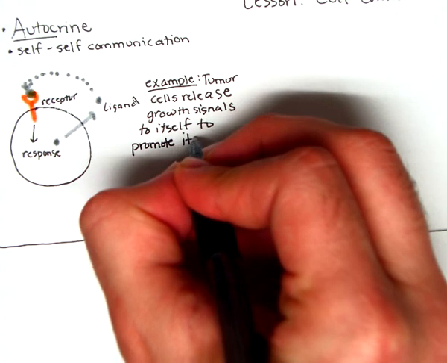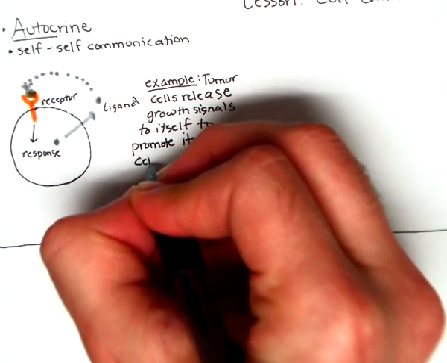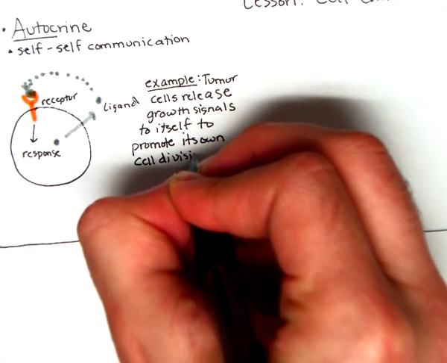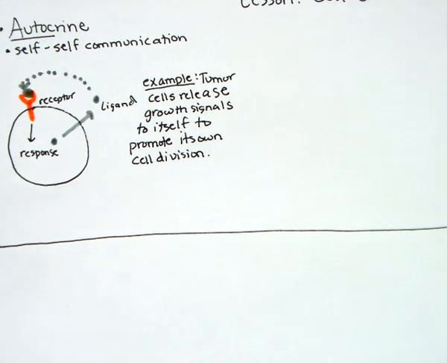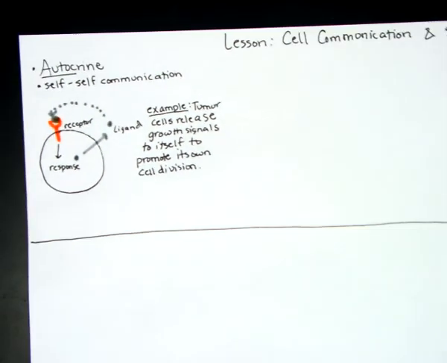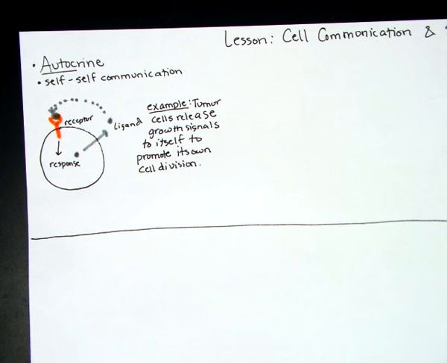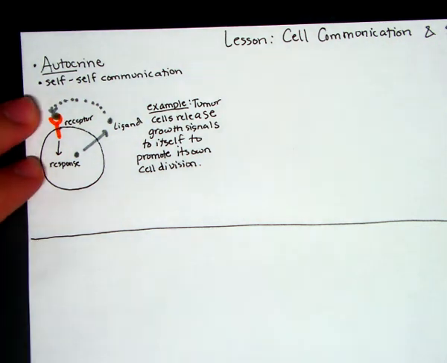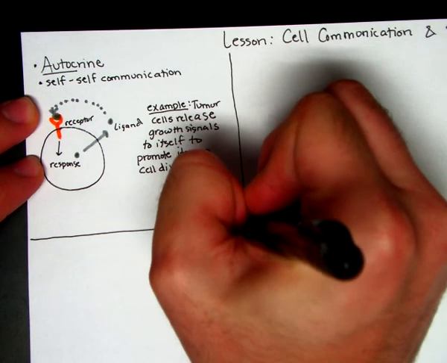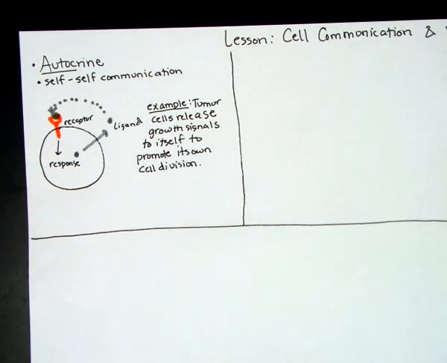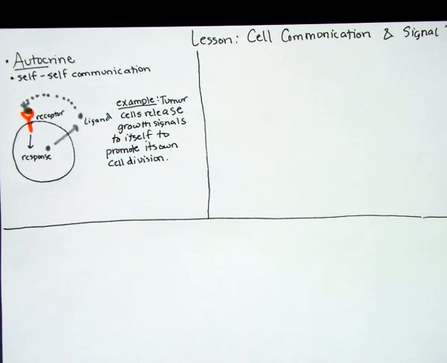Its own cell division. It'll continue to release that signal over and over and over so that that cell can divide over and over and over again. Okay, so autocrine, self-to-self signaling.